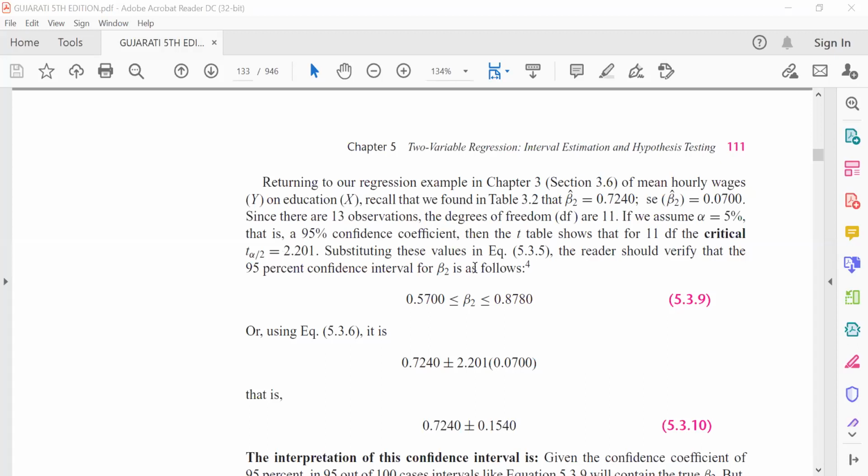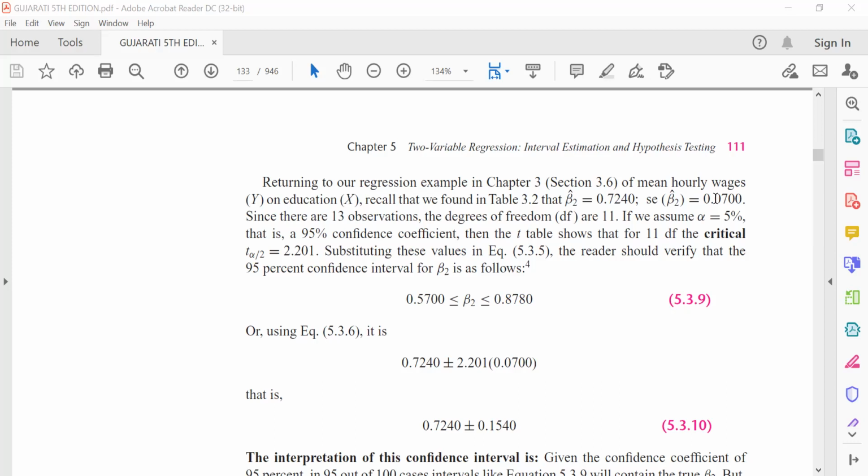There is no need to memorize the table. There is no advantage to memorizing the critical values of the t distribution. Because we have here 2.201 and we have a standard error of 0.07, we multiply 0.07 by 2.201.